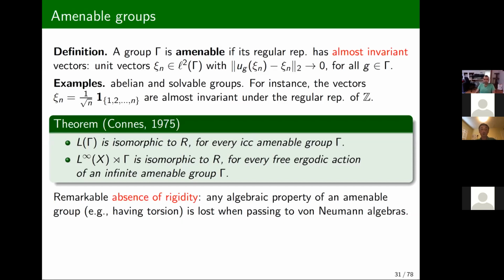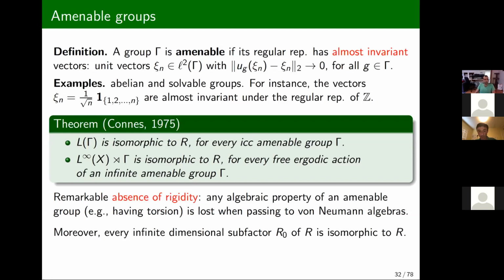So Connes proved the more general theorem I once stated here, which classifies all amenable II_1 factors. And a consequence of that is also the remarkable fact that every infinite dimensional subfactor R0 of R is isomorphic to R. R, as I mentioned before, can be viewed as the closure of an infinite tensor product of 2x2 matrices.